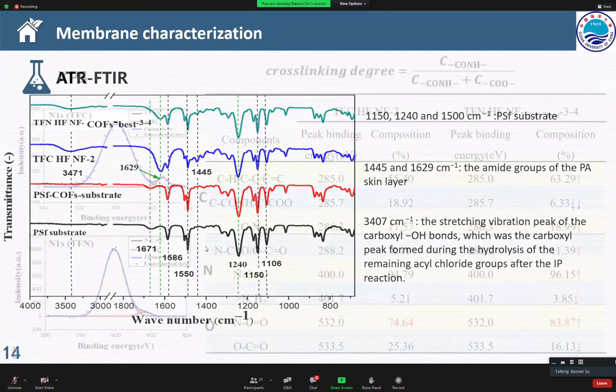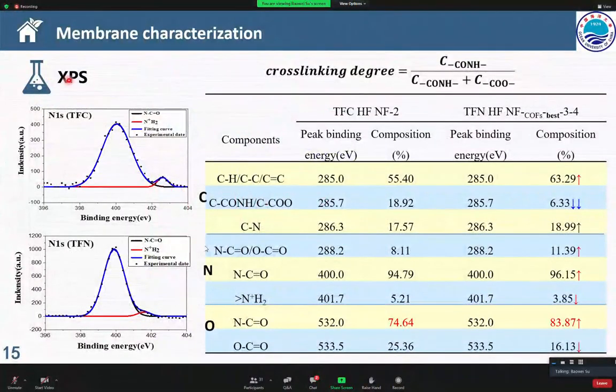But we can see from the XPS that after the modification of the interlayer, the TFN membrane has a high composition of the amine group and a low concentration of the carboxyl group, which means the cross-linking degree increases after the incorporation of the interlayer. This is quite similar to Chuyang Tang's work.